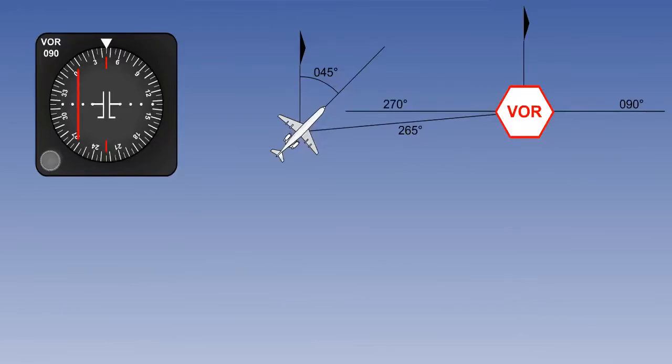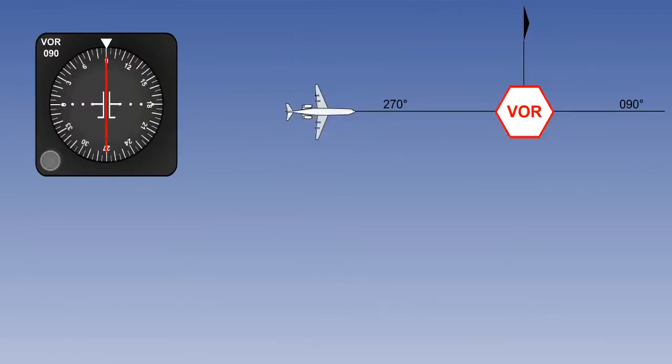If he is on the 265 radial, the deviation bar will register 2.5 dots deflection, as each dot is 2 degrees. As he gets closer to the 090 radial, he will turn gradually, and when the bar is centred, he will have a heading in still air of 090 degrees, and a to indicator on the dial.